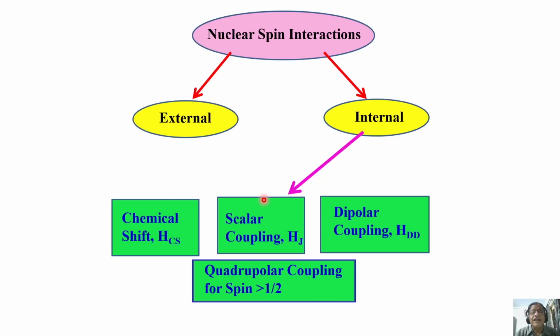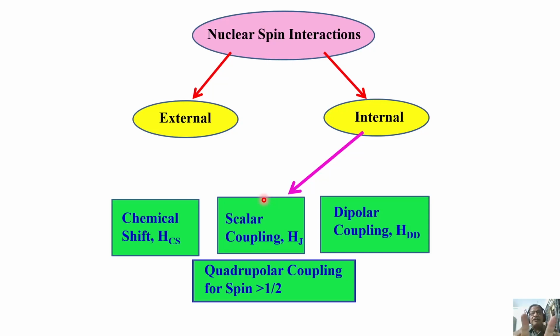And you can understand, because it is a through-space interaction, the spatial proximity is very important. When you bring the spins closer and closer, interaction becomes stronger and stronger. As you go away, the interaction reduces. It is a distance dependent interaction, because this interaction is taking place through space.